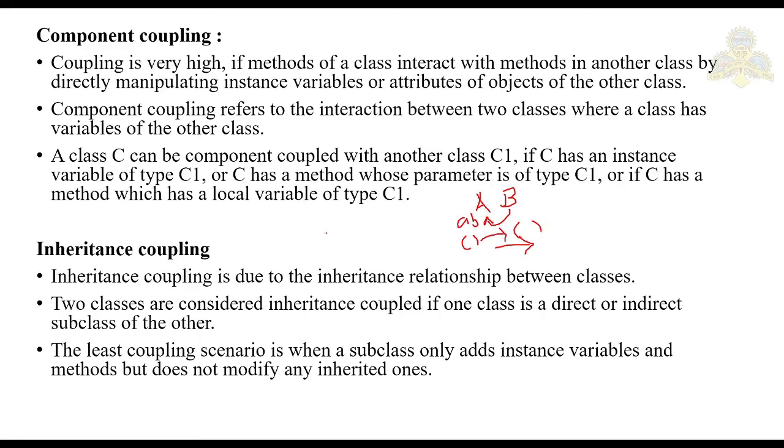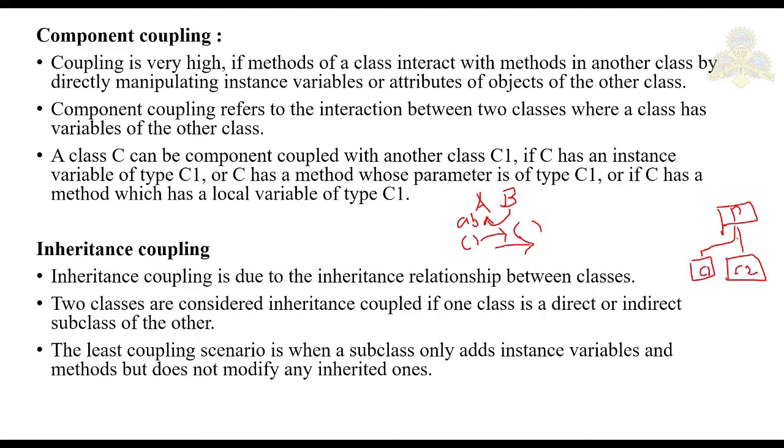Okay. Next, the last one is inheritance coupling. It occurs due to the inheritance relationship between the classes. We all know what an inheritance relationship is, right? Two classes are inheritance coupled if one class is a direct or indirect subclass of another. If I take this example, we have a parent class and two child classes, child 1 and child 2.